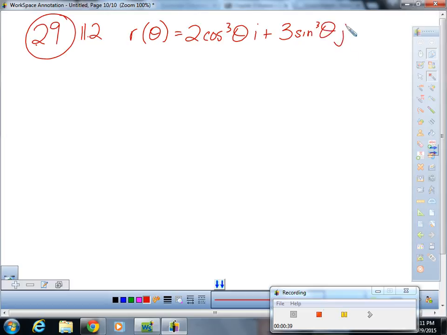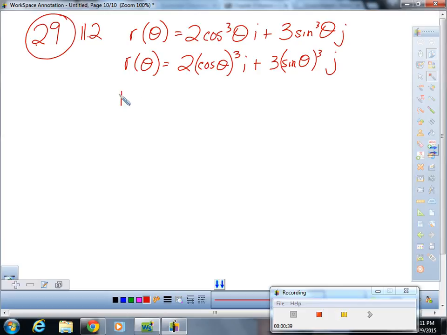Now, one thing that I always kind of hated about that notation is it sets you up to screw up the chain rule. So I'm going to write that as 2 cosine of theta cubed i plus 3 sine of theta cubed j. That's going to remind me that I need to use the chain rule.